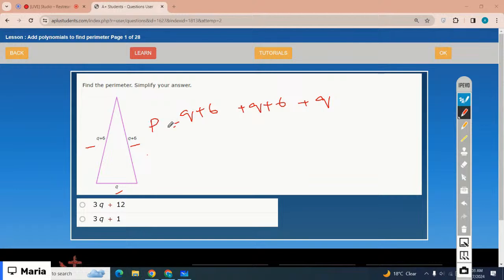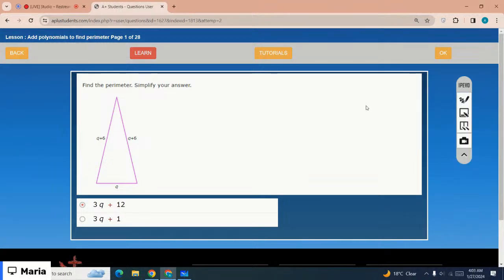That is the parameter, right? Just add them. q makes 3q, and 6 plus 6 makes 12. So the correct option is 3q plus 12. Option number 1 is the correct option.